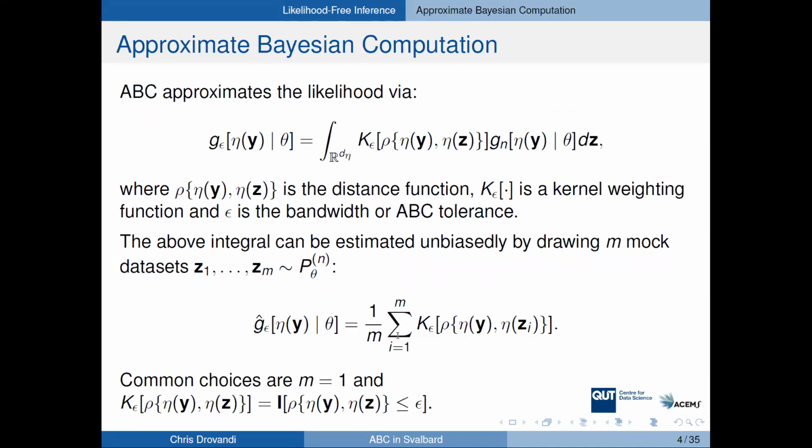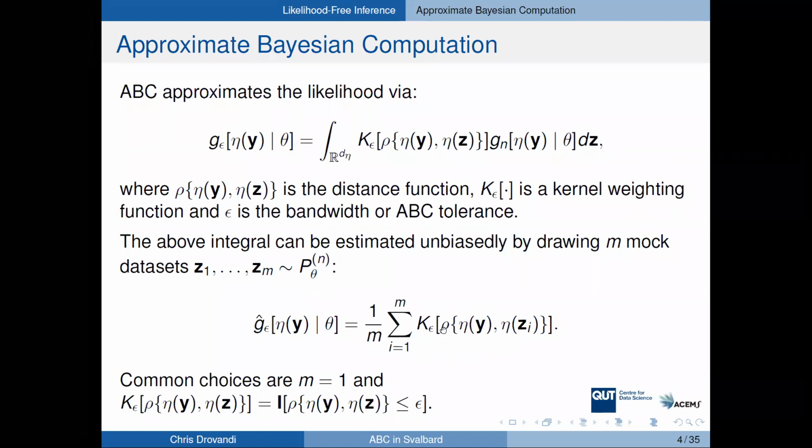So in ABC, we approximate the summary statistic likelihood using this expression down here. We generate M simulations according to our statistical model based on some proposed parameter theta. The rho here is just some kind of distance between the observed summaries and the simulated summaries. This term over here is a kernel weighting function that's designed to give high weight when your distance is small.